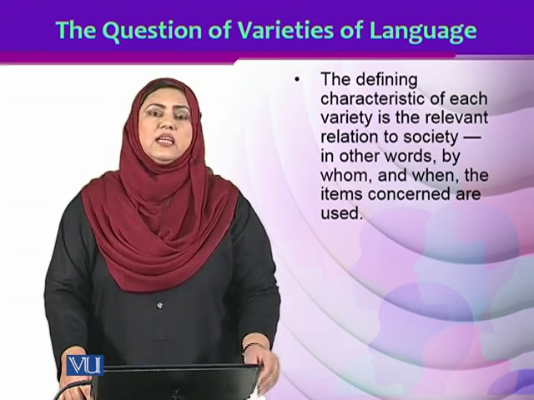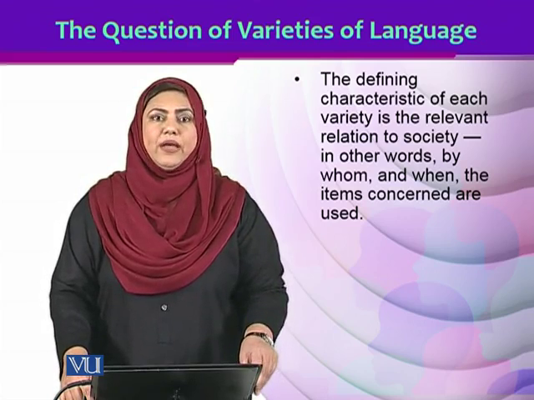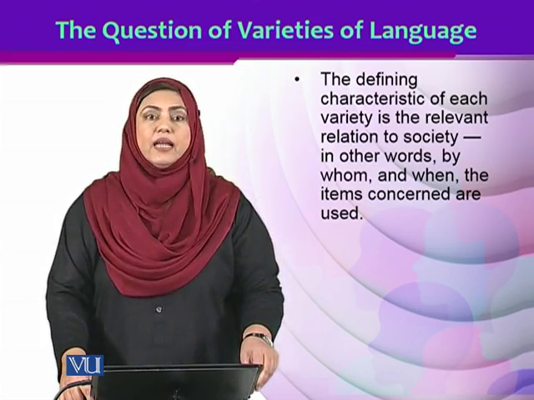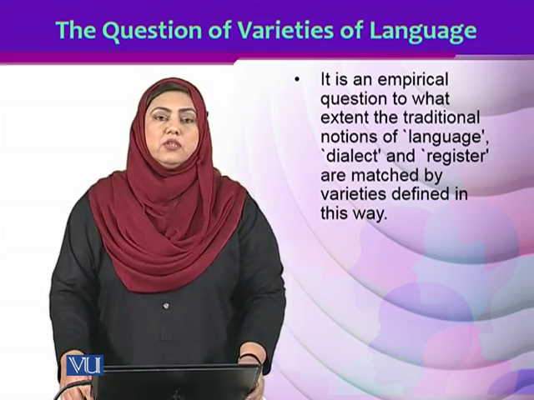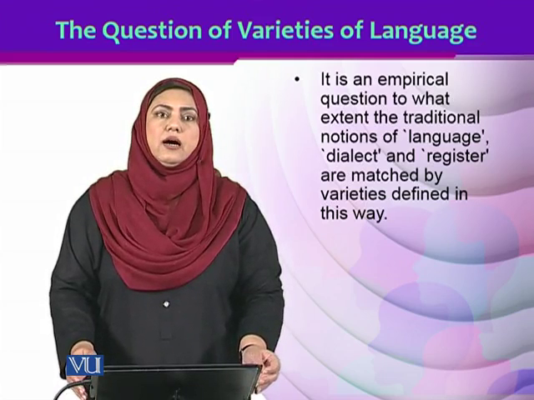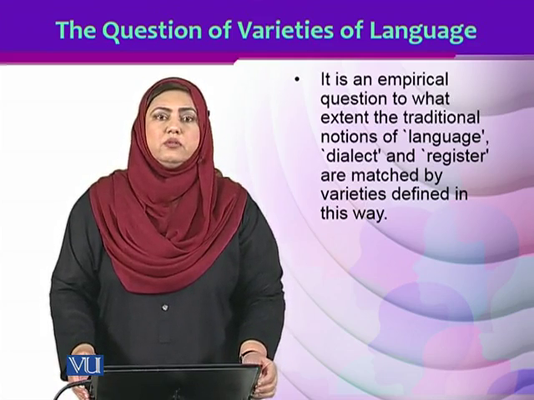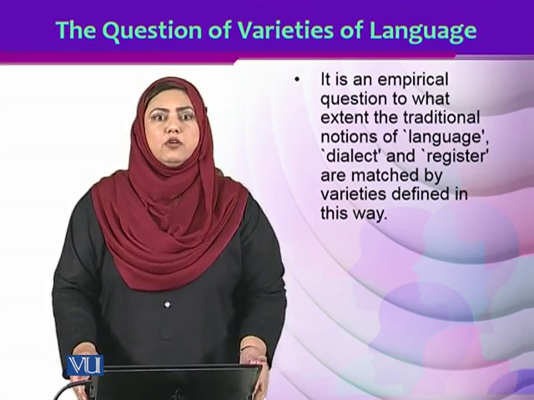In other words, who is using it, for whom it is being used, when it is being used, and why these linguistic items are being used. So, the issue of varieties in language is a very pertinent issue, and the term is widely used in sociolinguistics and thus gathers a lot of significance.